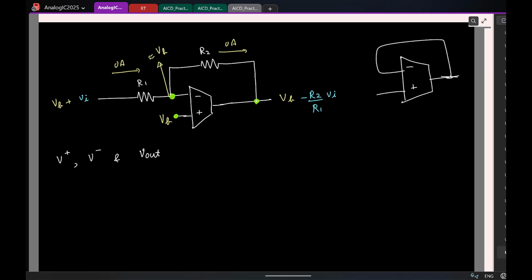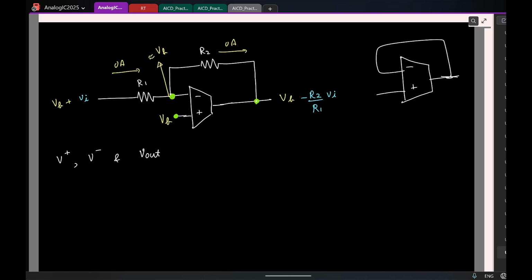For example, in this circuit, the inverting terminal is equal to VB. If you know the limit on V plus, you know the limits for VB. Similarly, I know my Vout, so I can find out the limit on VA. Is it clear? So instead of specifying the ranges for bias voltage and the input, what is specified is the limits on the inputs of the op amp and the output of the op amp.